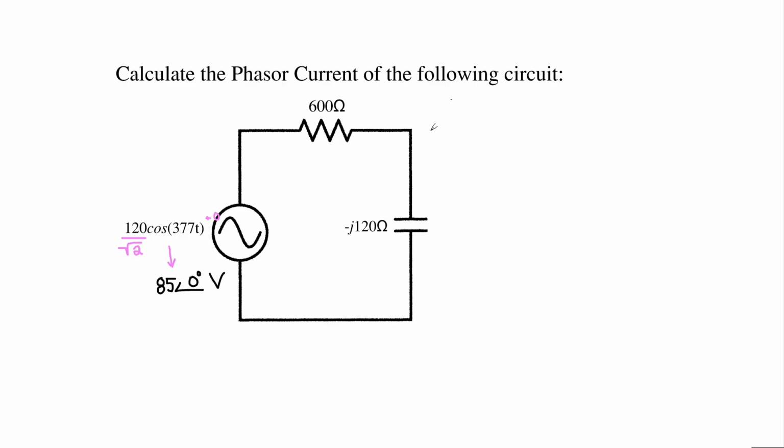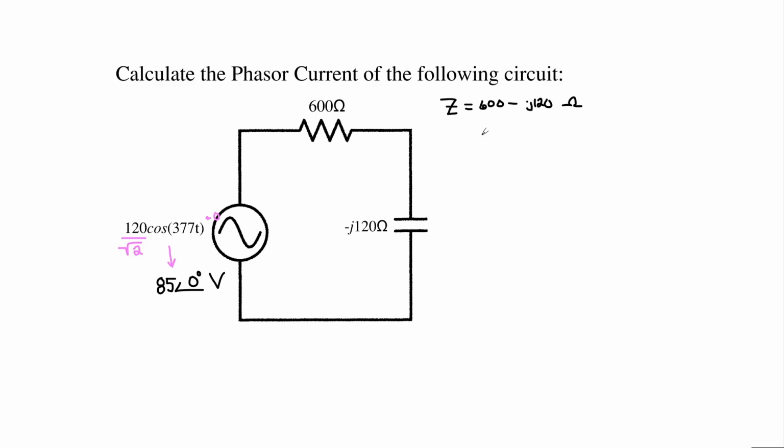It is important to also identify that our resistive and capacitive elements have already been converted to their phasor equivalents, as a resistance is not dependent on time or frequency. Therefore, our total impedance can be written as 600 minus j120 ohms.